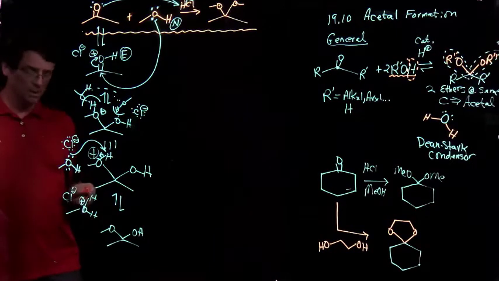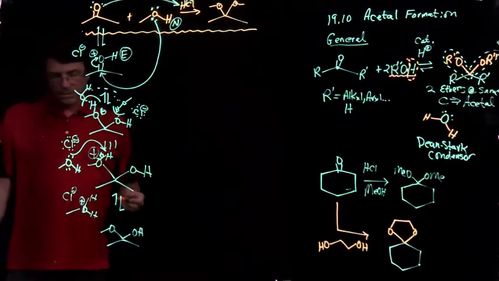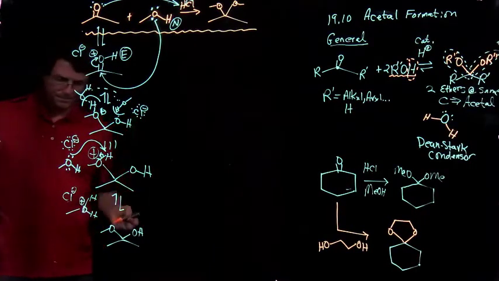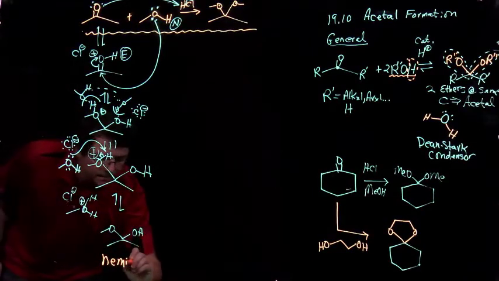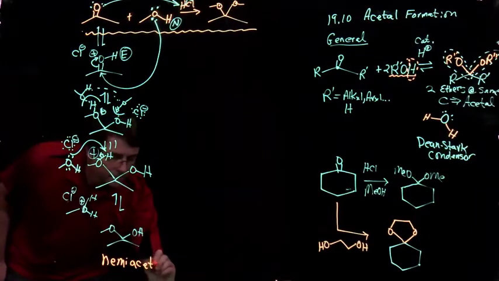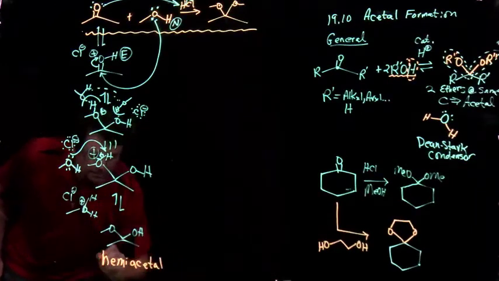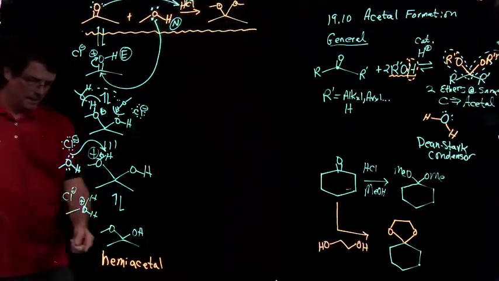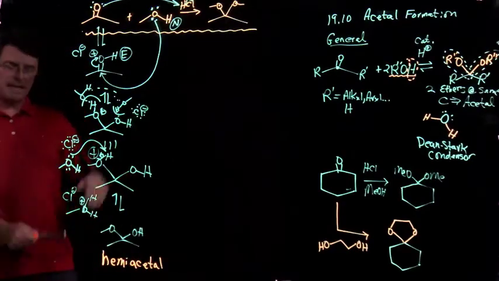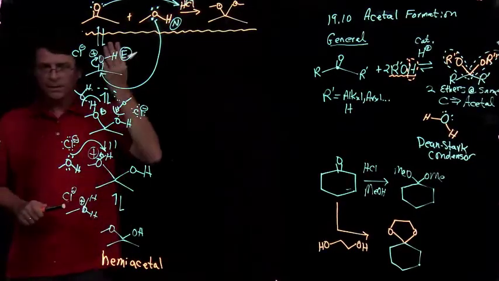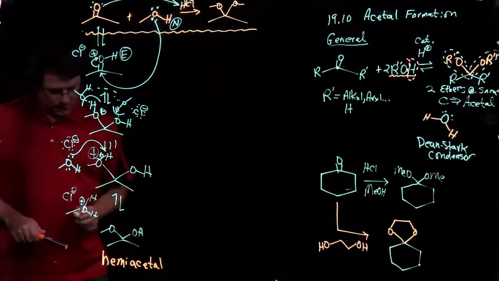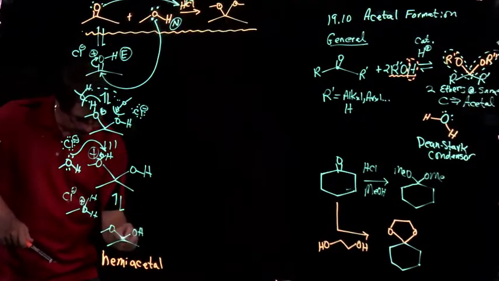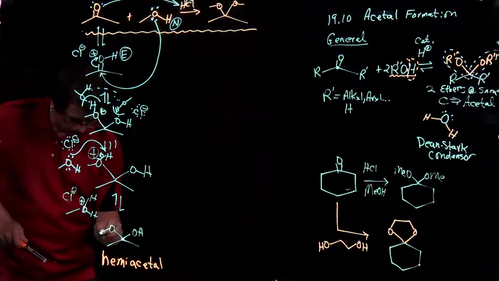This is a new functional group that we haven't seen before. It's called a hemiacetal. Hemi from hemisphere, remember that's half the earth. We live in the northern hemisphere, there's the southern hemisphere. And so if we look at this, we see that we have 1 carbon-oxygen-carbon linkage.